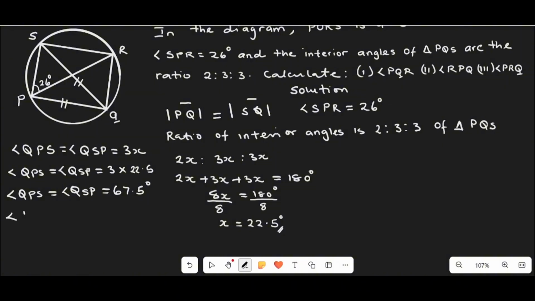Angle PQS equals 2x, and x is 22.5, which is 2 multiplied by 22.5 degrees. Angle PQS equals 45 degrees.